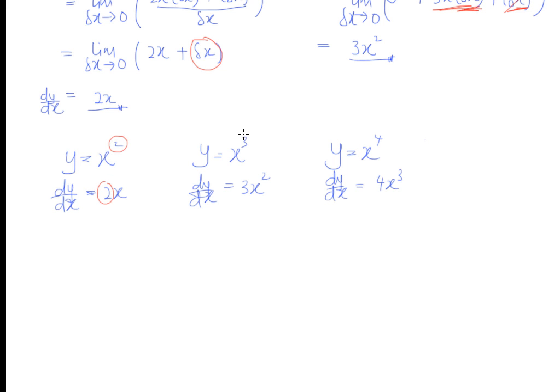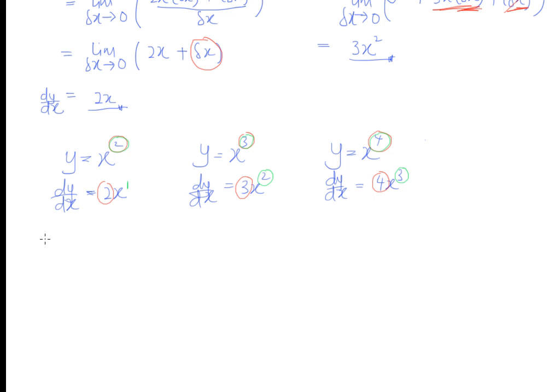You notice that for power 3 there'll be a 3 here, for power 4 there'll be a 4 here. Similarly, the original power, in this case power 2, now becomes power 1. It was power 3 and now becomes power 2. It was power 4 and now becomes power 3.